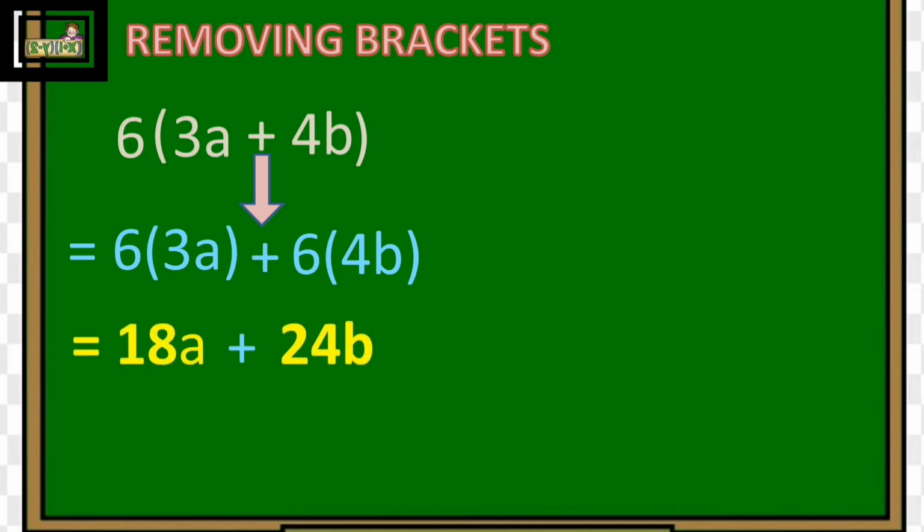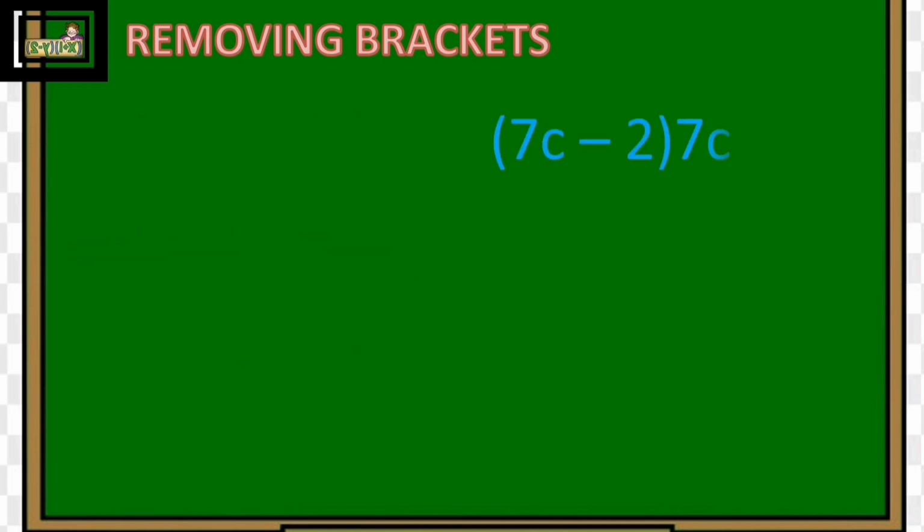Now let's take a look at another example. If you're asked to remove the bracket from 7c minus 2 times 7c, remember the term outside the bracket will multiply each term inside the bracket. So what is the term outside the bracket here? 7c. And what are the terms inside the bracket? 2 and 7c.